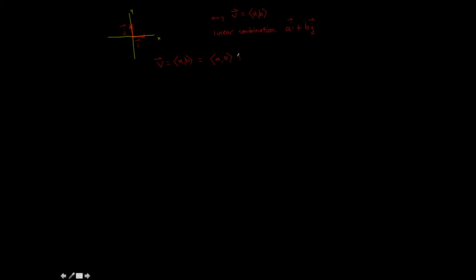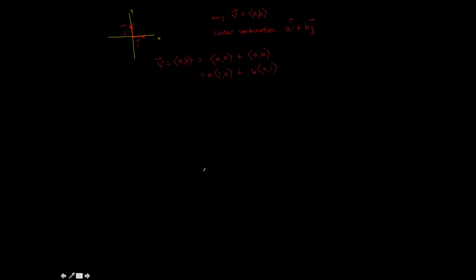And for vector j, we would write 0, b, in terms of this linear combination of vectors i and j. If I were to factor out an a from the first one and a b from the second one, that would give you this.